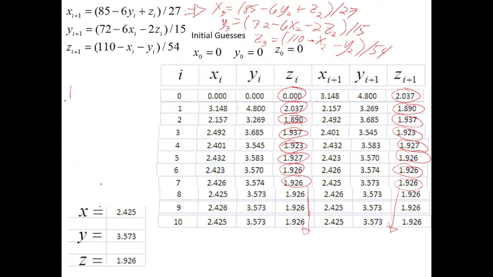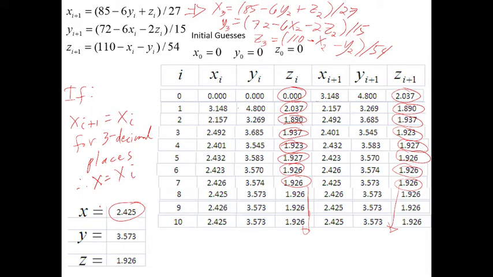So, sabihin niya, if x sub i plus 1 is equal to xi for 3 decimal places, okay, so therefore x equals xi. So x is 2.425, no?